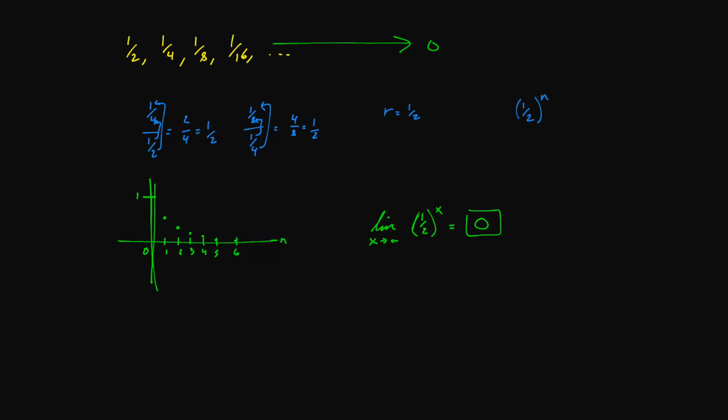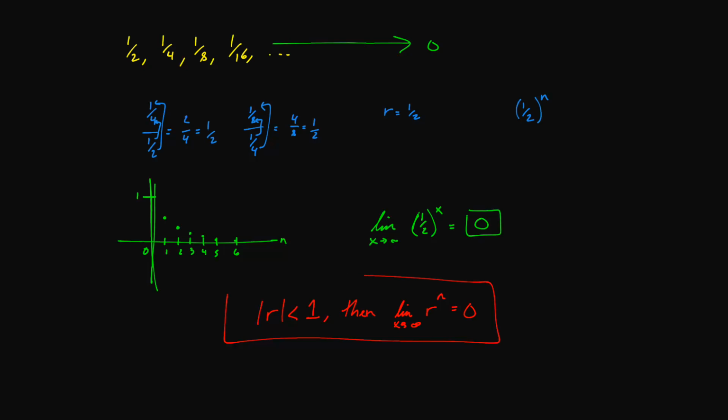One thing I want to note very specifically, we actually have a theorem that now states that if r, your common ratio, is less than 1, then the limit of r raised to the n as n approaches positive infinity is equal to 0.